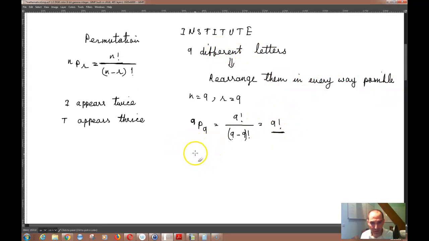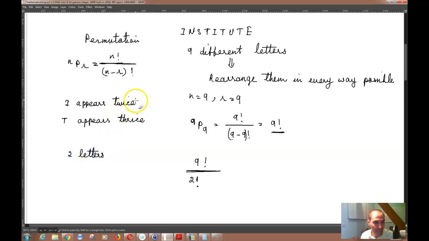But then I have to take my 9 factorial and divide it by the permutation of these I's that appear twice. So that would be simply 2 factorial, because these are 2 letters.